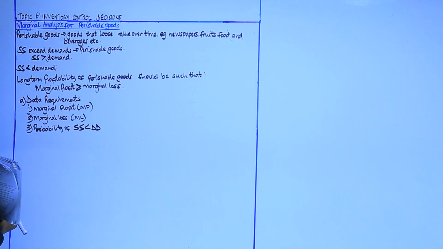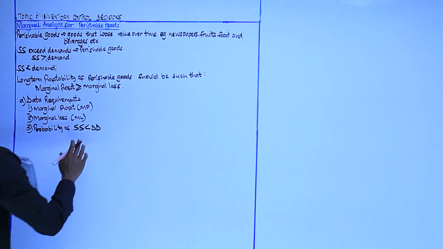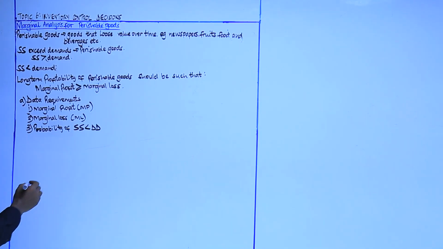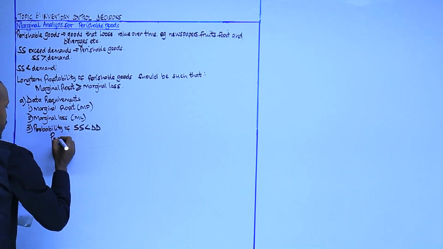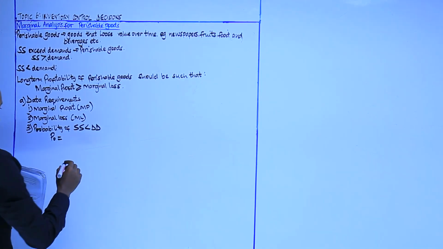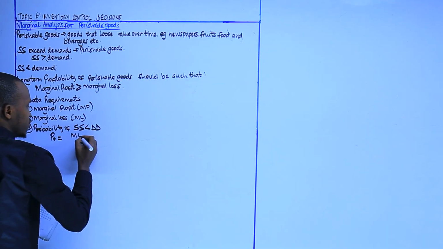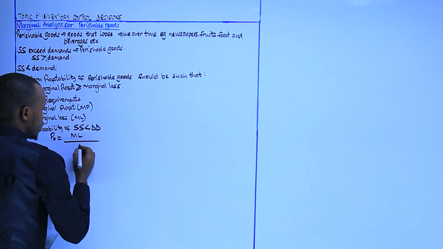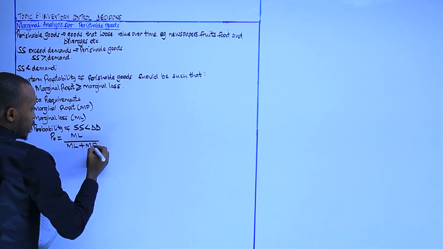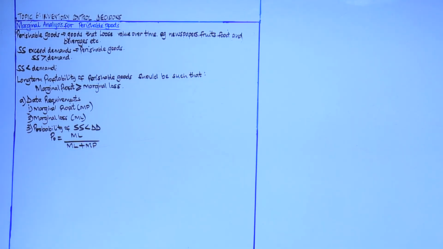So in this case, demand is greater than supply. And this probability of demand exceeding supply is given by marginal loss plus marginal profit.